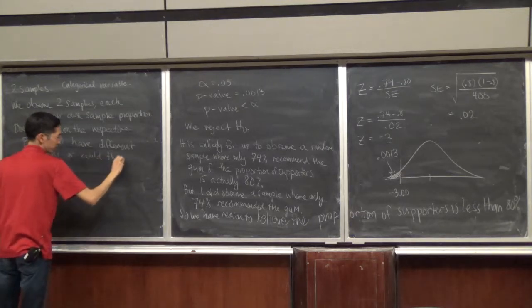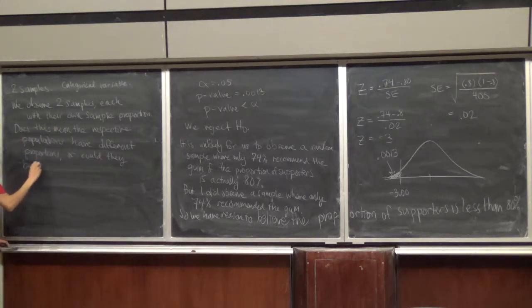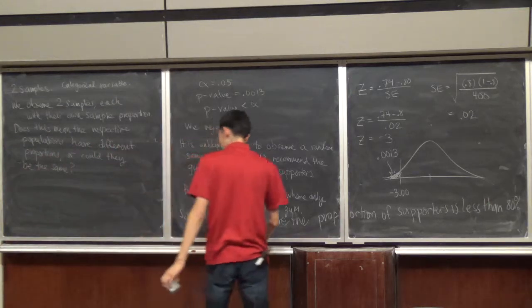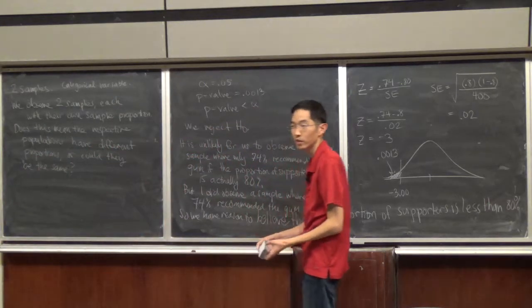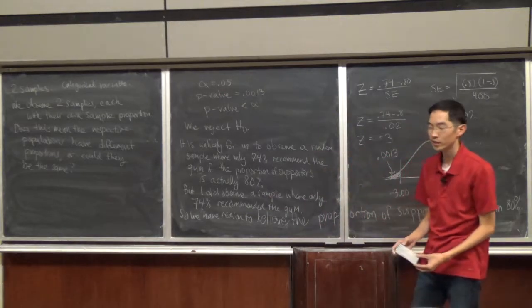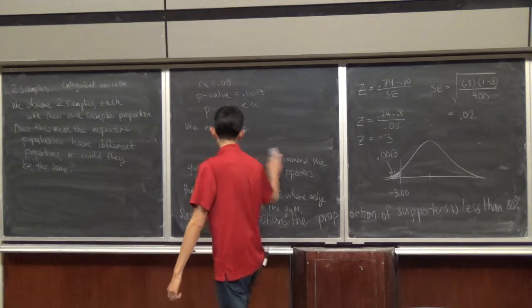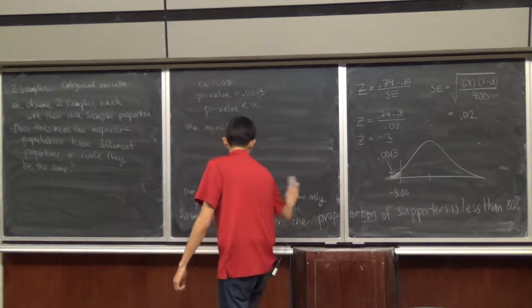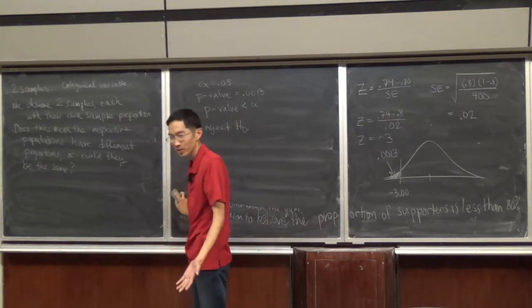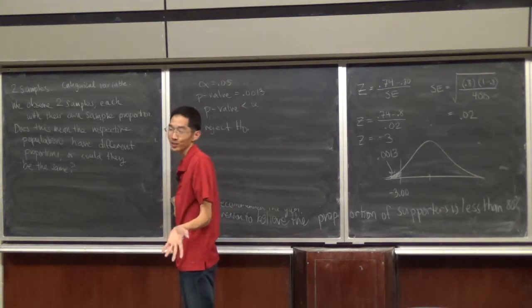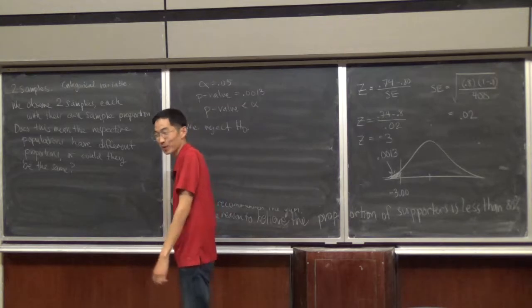Or could they be the same? The process that we go through is very similar, except our selection of hypotheses is a little different. And the worst part is that the standard error formula is just horrendously ugly. There's not much we can do about it.